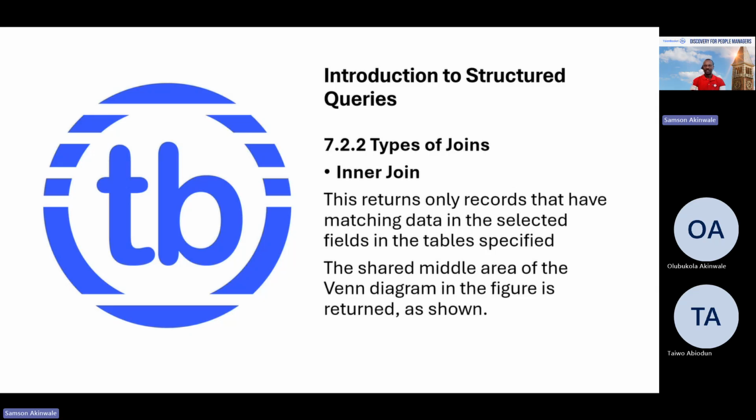So it is the shared middle area, similar to that of a Venn diagram, where you have the point of similarity or the point of intersection between two sets. It could be set A and set B, and each of the two sets have different elements inside of them. And the moment they share common elements, those common elements constitute a point of intersection.